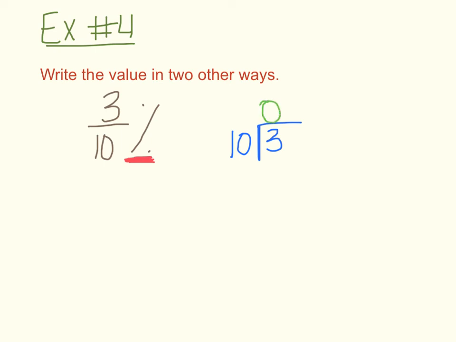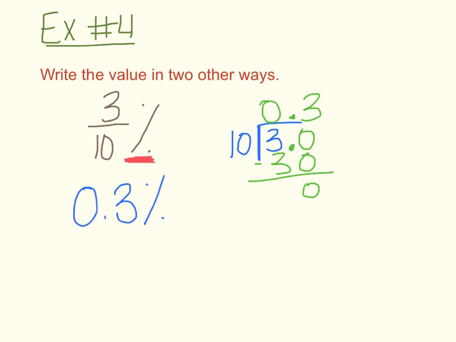We also have to add a decimal and a 0 and bring the decimal up. And 10 goes into 30 3 times evenly. So we have 3/10%. All I did was change this part to a decimal so it would be easier for us to work with. It's still a percent.